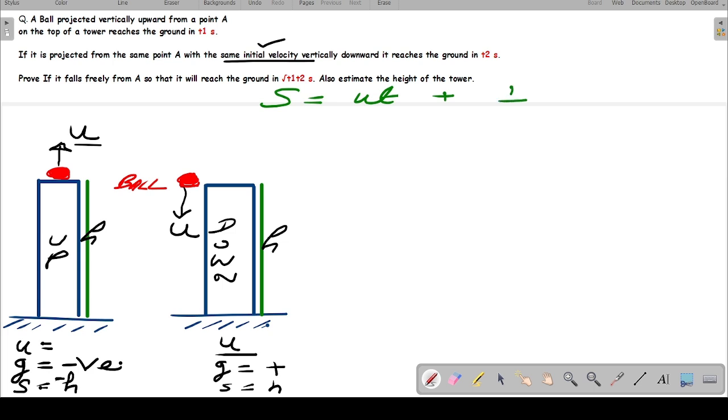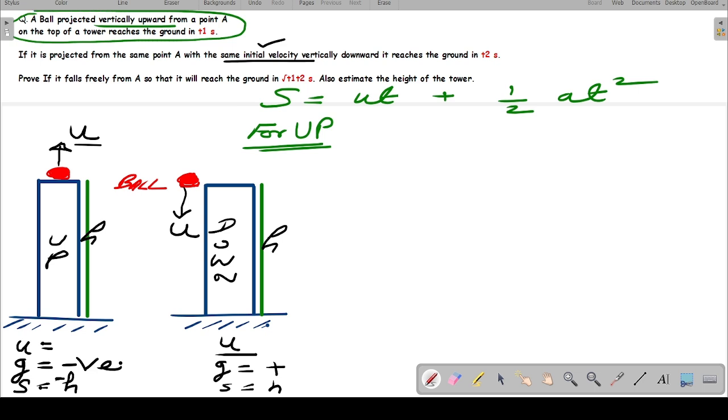In the second case, when the ball is thrown downward, the value of u will be positive, g will be positive, and displacement will be equal to h. Now we know the equation of motion is s equal to ut plus half at square. So when the ball is thrown upward with a velocity of u, just put in the values of s, u, and t, right?